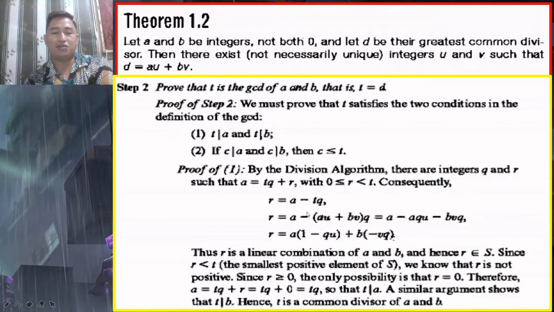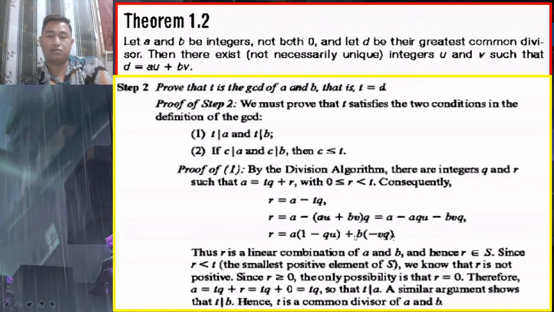Consequently, R is equal to A minus TQ. Tama. R is equal to A minus TQ. Itong T na to class, ilisan na to siya AU plus BV. Okay, dara. Is equal to A minus AQU plus BVQ. Distribute na to sa class si Q. Distribute pa ni negative din. So, ma-factor out na to class si A. A times 1 minus QU plus B times negative VQ.